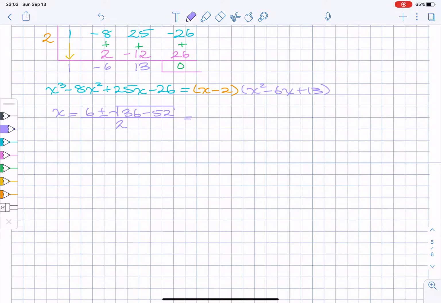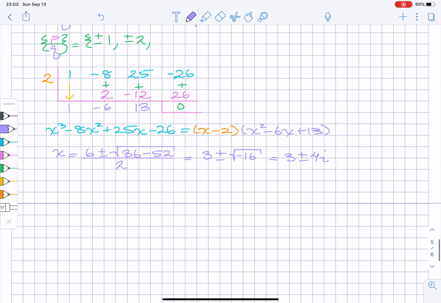This gives us 6 over 2 is 3, plus or minus the square root of 36 minus 52, so that's the square root of negative 16. So I claim that this is 3 plus or minus 4i.